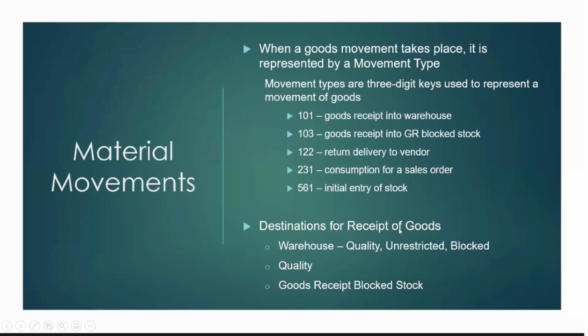They can move it to an unrestricted section or restricted stock, which means the goods can be used, there is no problem with these goods, or they can move it to the blocked stock. This means that we detected some problem with the goods and then we block it.